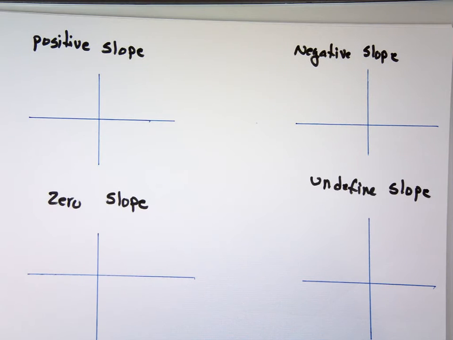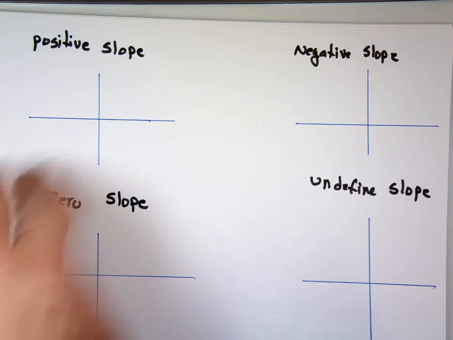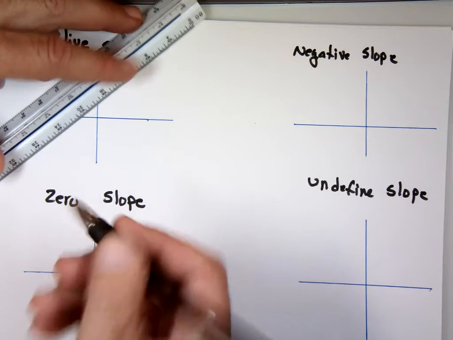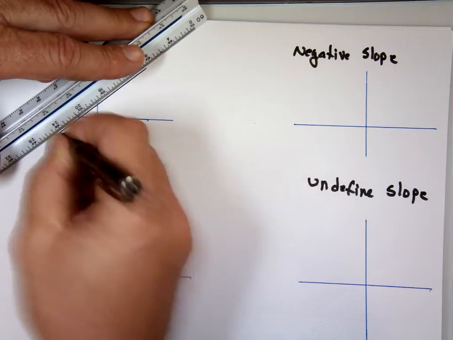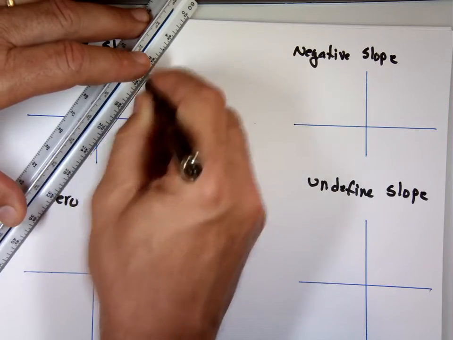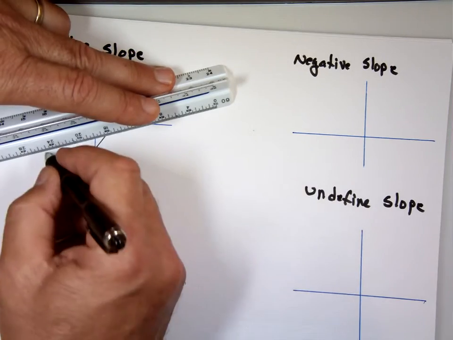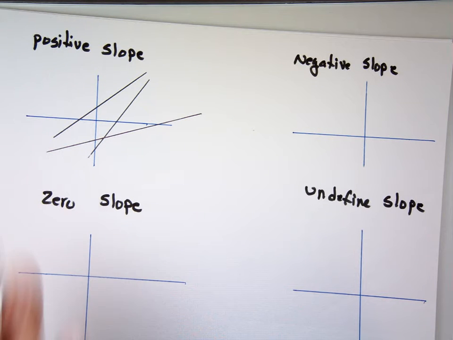What does a positive slope mean? As you go from left to right, the function is rising, it's going up. Like this one, or that one, or this one. As you go to the right, notice the y value, it's rising. That's a positive slope.